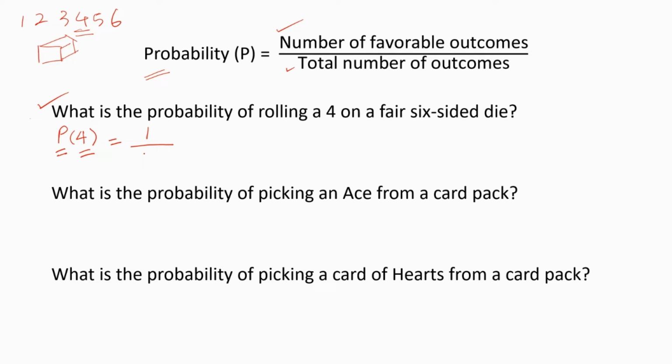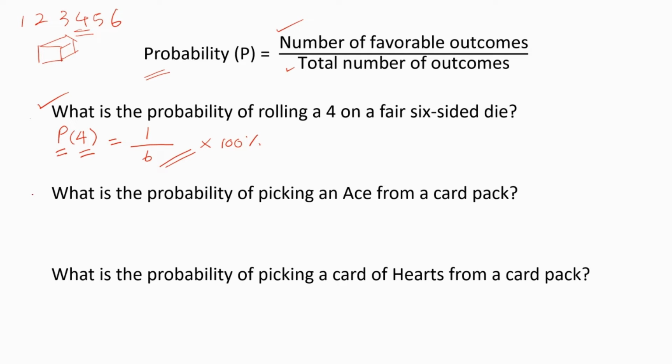What is the total number of outcomes for a six-sided die? There are six sides, so the total number of outcomes is 6. So this is the probability of rolling a 4 on a six-sided die. If we want to convert this probability into a percentage value, we can simply multiply this probability by 100%.